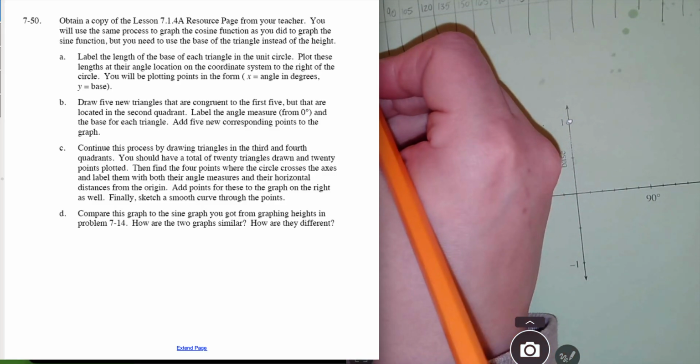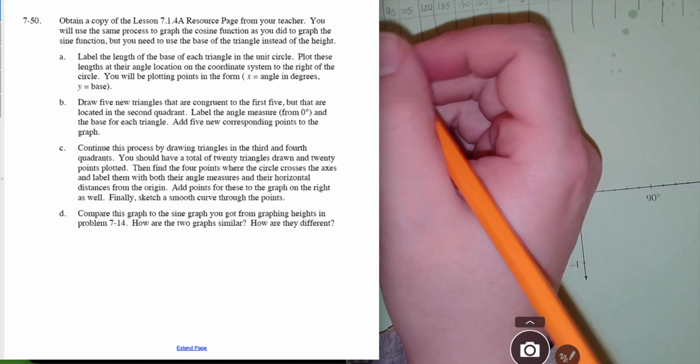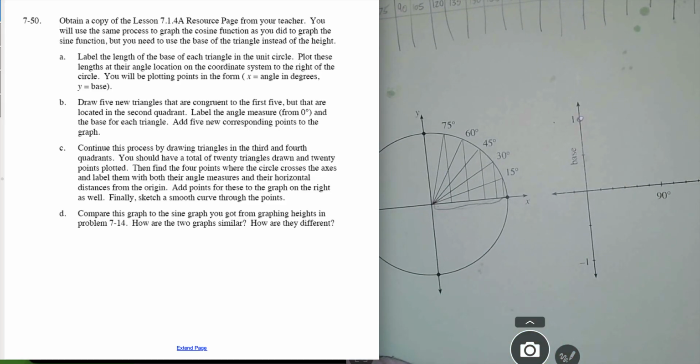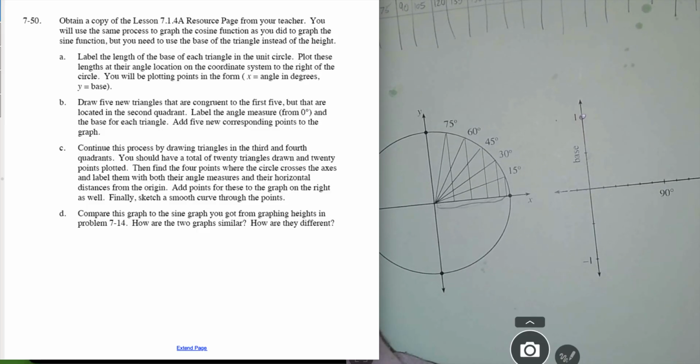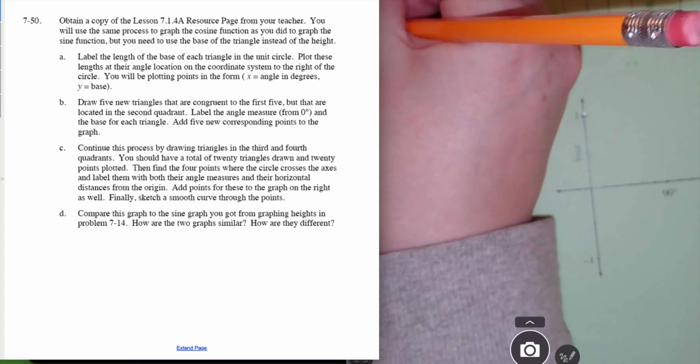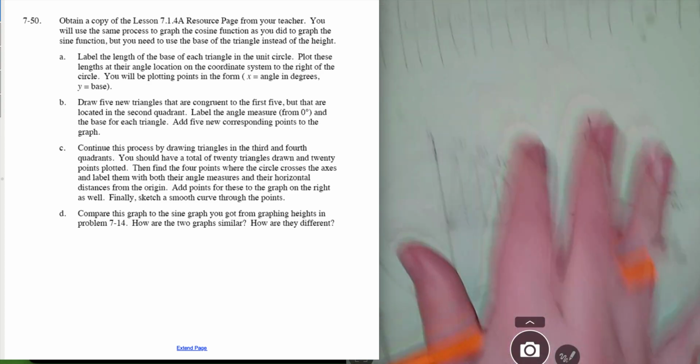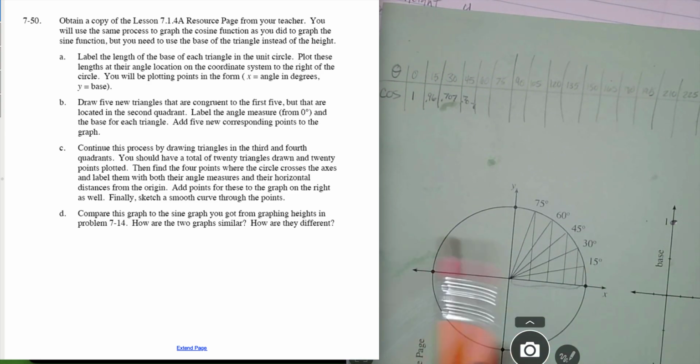Then I'm going to do cosine of 45 degrees. Oh, I might have these backwards. Let's find out. Cosine of 45 degrees. Oh, I do. 0.707 should be here at 45 degrees.